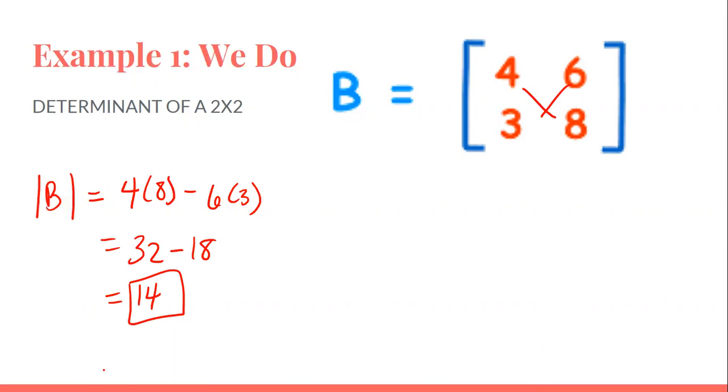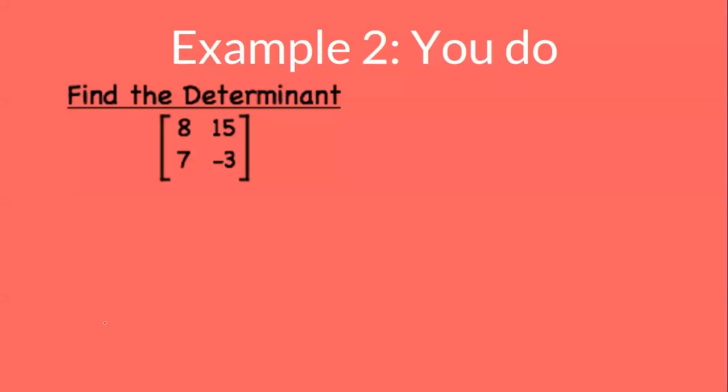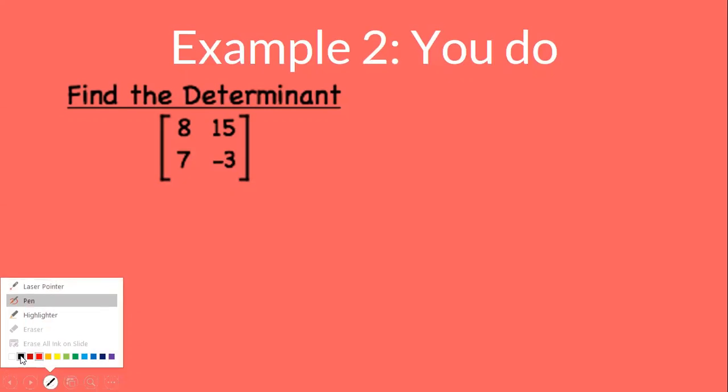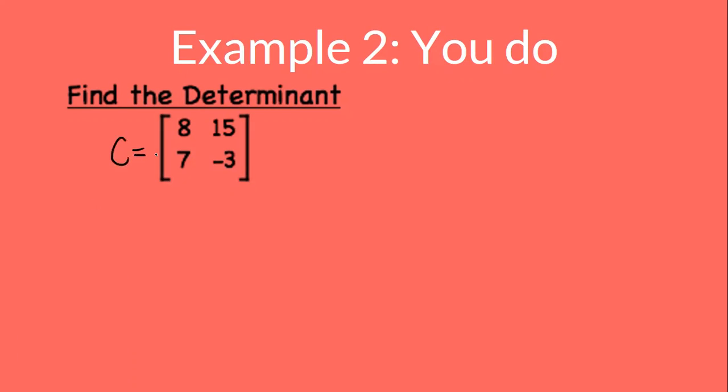How do we feel? Is there more to it, or is this just for 2 by 2s? For 2 by 2, this is it. Okay, I'm going to give you a couple to do on your own. Here's your first one. I'll give you about 30 seconds to do it. All right, so matrix C, what is the determinant?